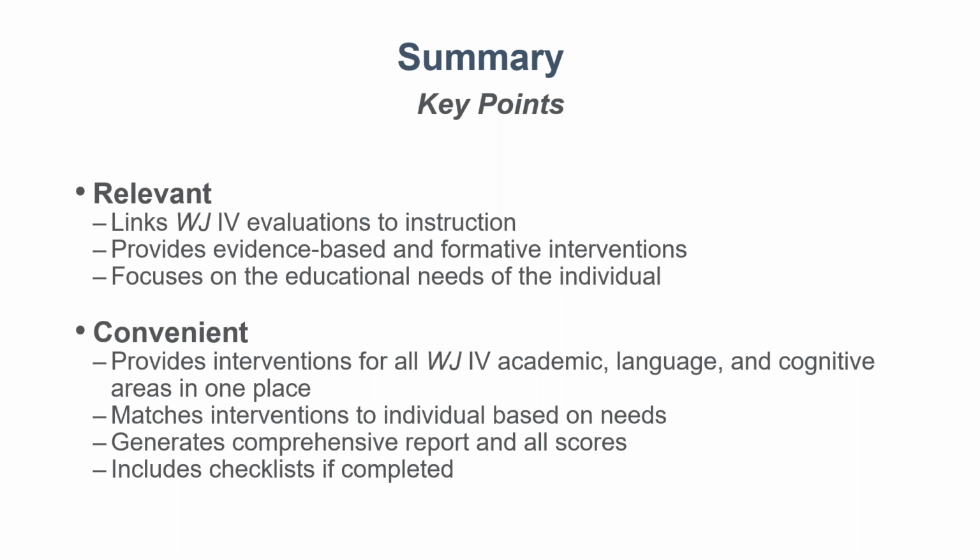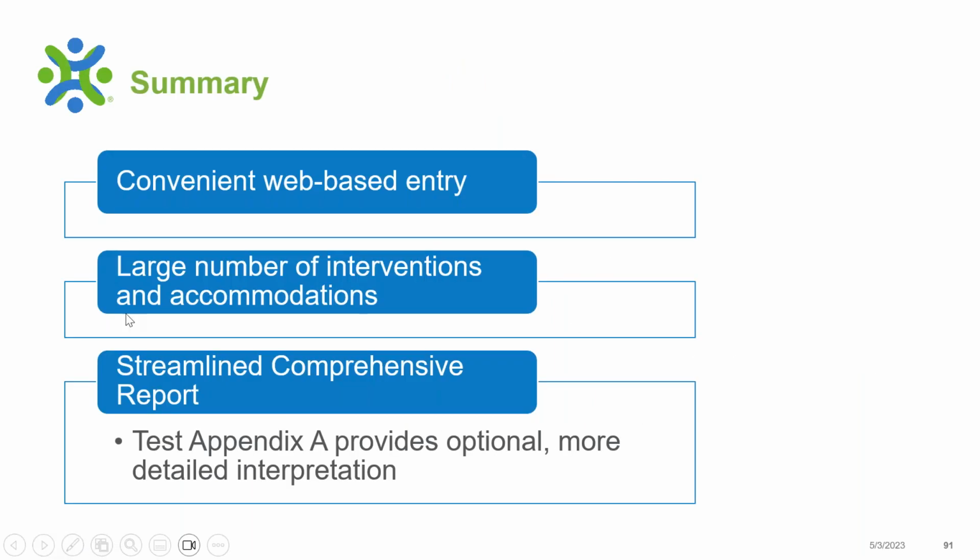It matches the interventions to the individual based on needs. So it really looks at how they performed on those tests and what that student needs to be successful. Again, convenient web-based entry, large number of interventions and accommodations, and again, it streamlines the comprehensive report.